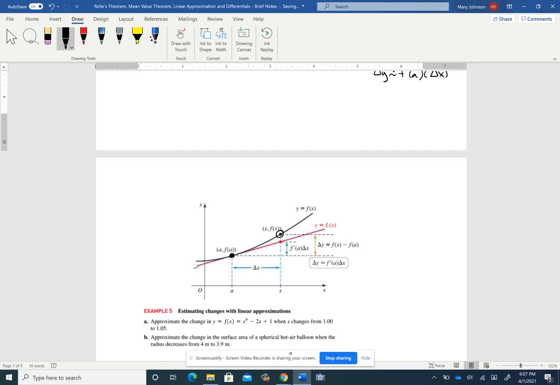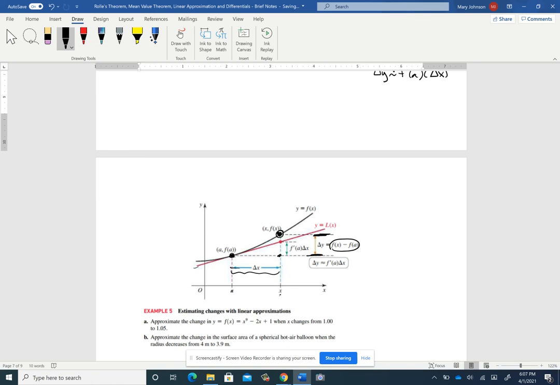But if you're at A and you move some quantity away from it to this new point X, then this is the change in the X's. And here you are at f of X, and f of A would have been down here. So from there to there is the actual change from f of A to f of X.